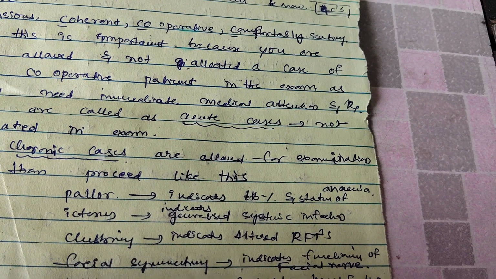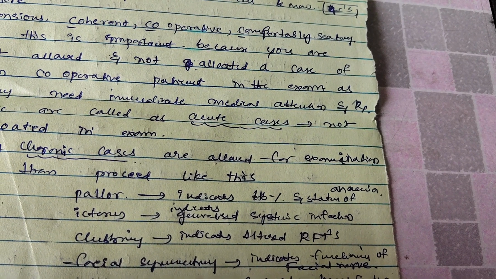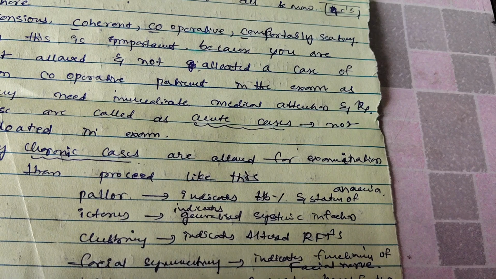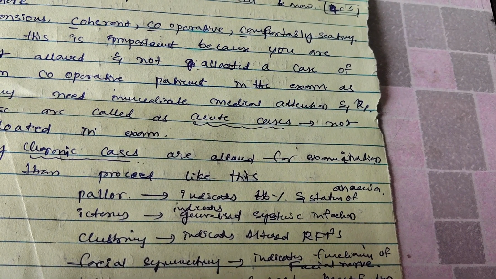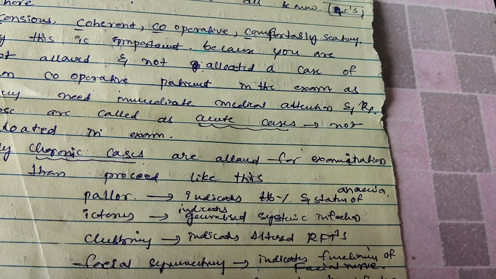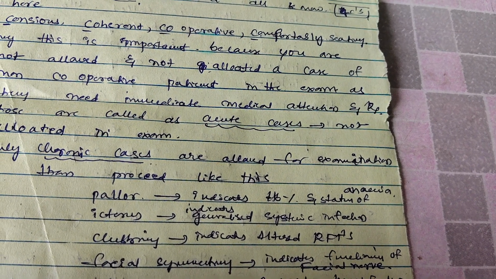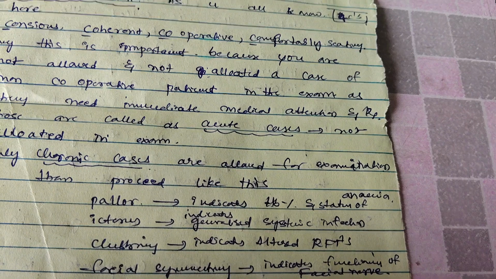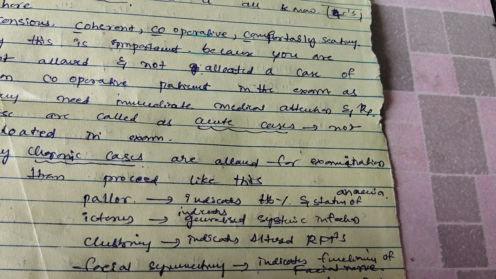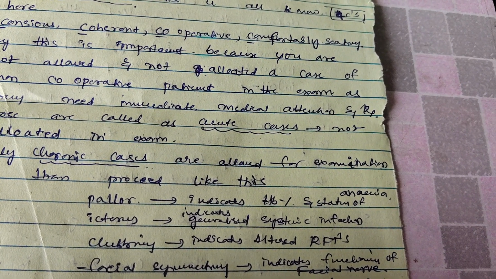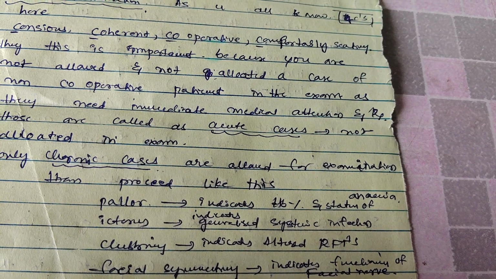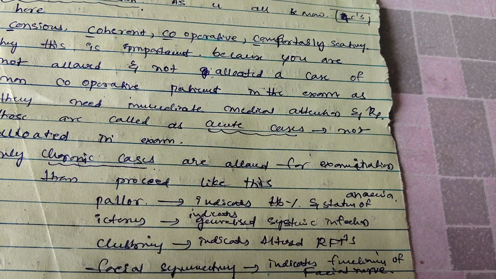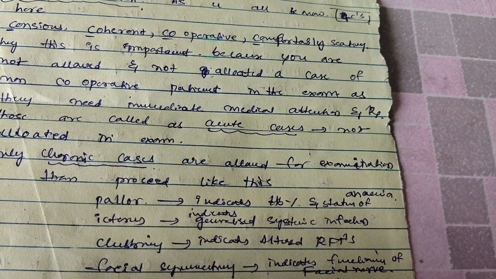I took an example of an ear case here. Facial symmetry indicates the functioning of the facial nerve, the seventh cranial nerve, which is very important in ENT. If the facial nerve is affected, you have deviation of the mouth and drooping of the eyelid.